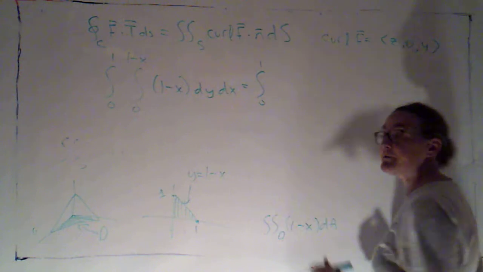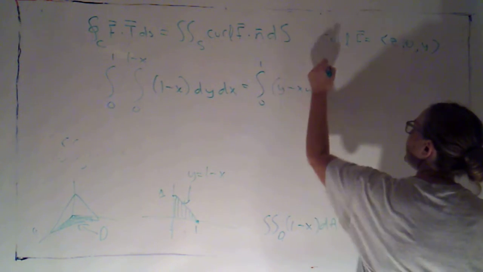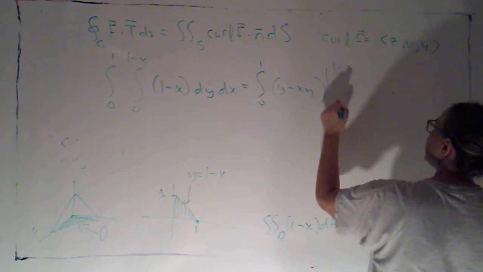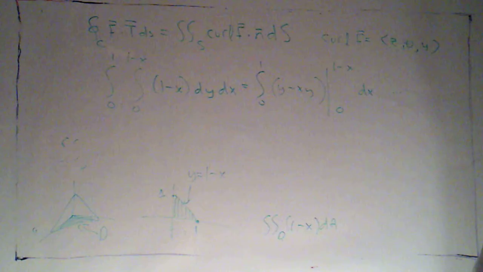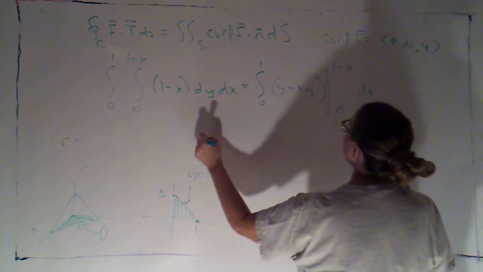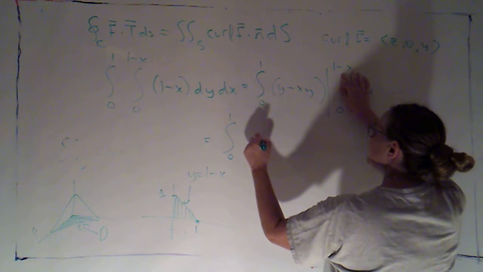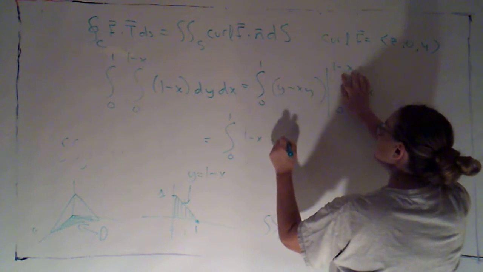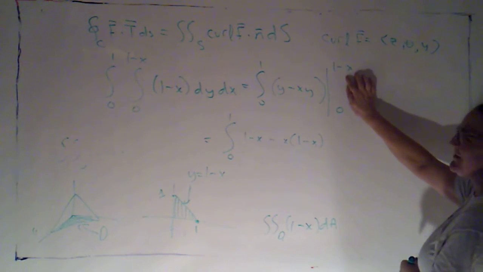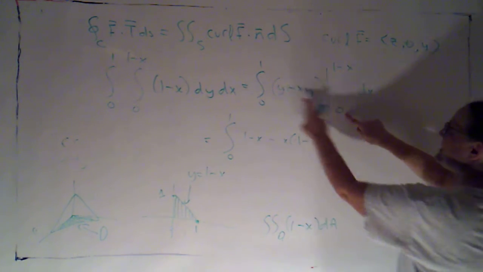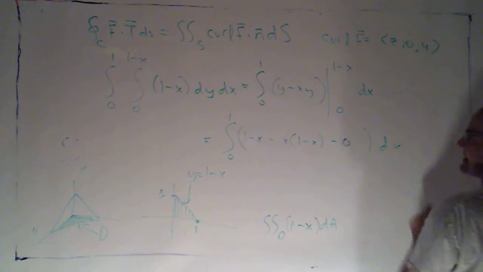So we will have the integral from 0 to 1. Taking antiderivatives with respect to y, I'm going to get y minus xy, and that's evaluated between 1 minus x and 0. And then we'll still have to integrate that with respect to x. Okay, so that's the integral from 0 to 1 of (1 minus x) times (1 minus x). That's what I get if I plug in 1 minus x. When I plug in 0, everything just goes to 0, dx.